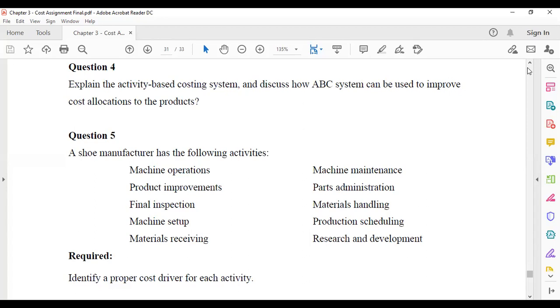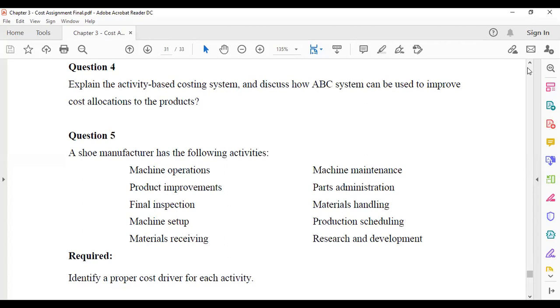Before we define activity-based costing, let me discuss the background: why we need it. Activity-based costing is an alternative to the traditional costing system. So why was there such a need?